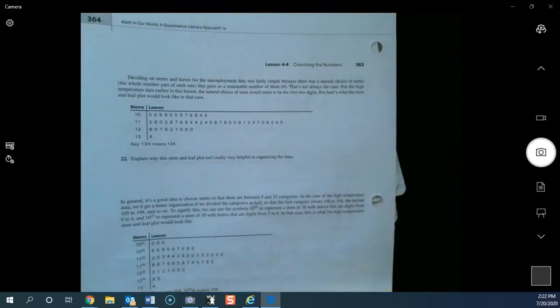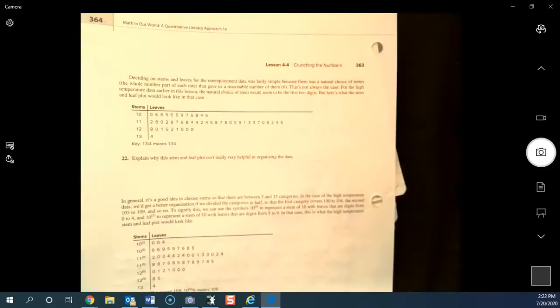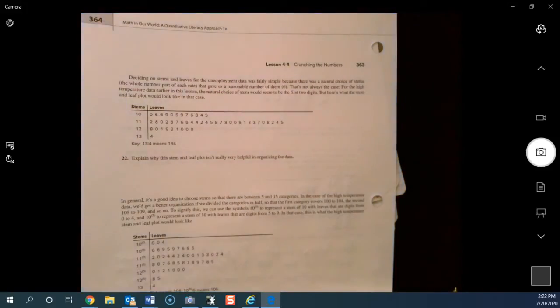If you notice here, we only have basically 4 classes, or 4 stems, and we know that is a lot of data. Now 22 says, explain why this stem and leaf plot isn't really very helpful in organizing the data.